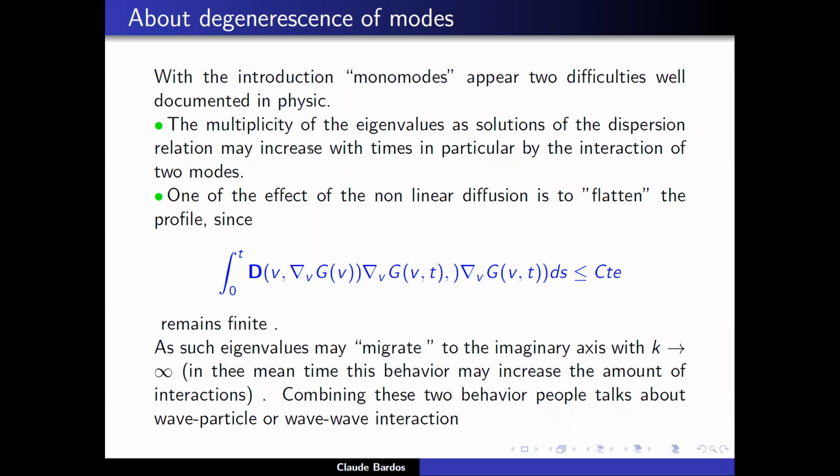So you have a double effect, which means that the eigenvalue may migrate to the imaginary axis, and at the same time, this may combine the amount of interaction. Now, combining these two types of hypotheses is something that you find in books of physics, which are not completely mathematized, which people give the name of wave-particle or wave-wave interaction, which corresponds to increasing the multiplicity of the eigenvalue.